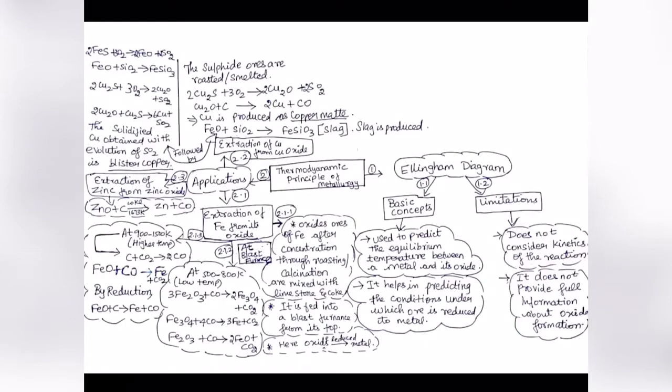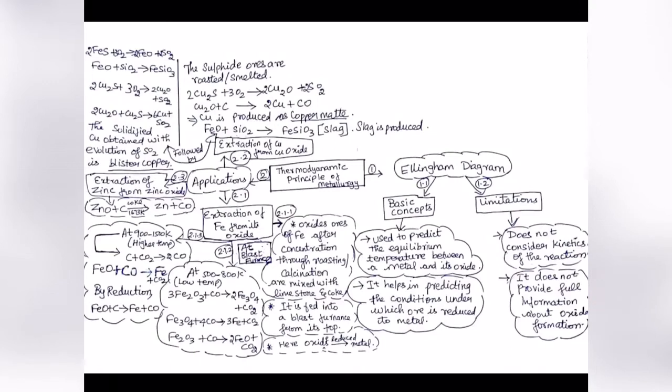So on adding Cu2O to Cu2S, copper sulfide, we get copper plus sulfur dioxide. Note, the solidified copper obtained with the evolution of sulfur dioxide gas is blister copper.